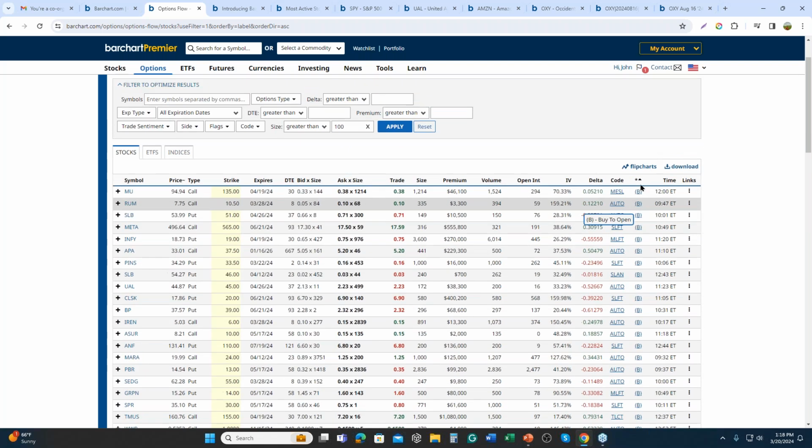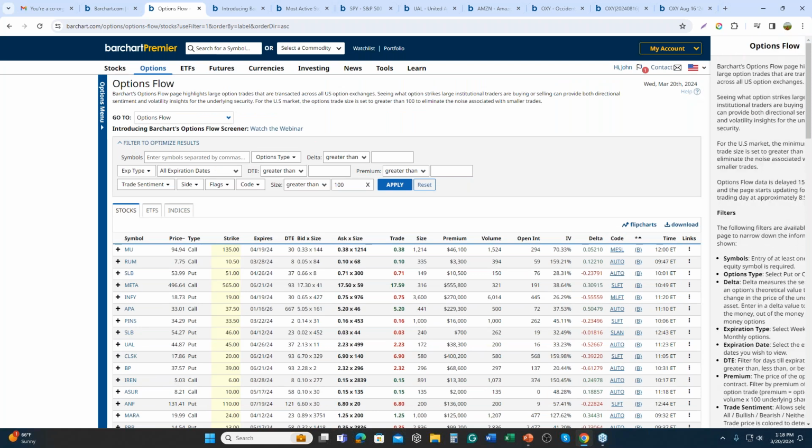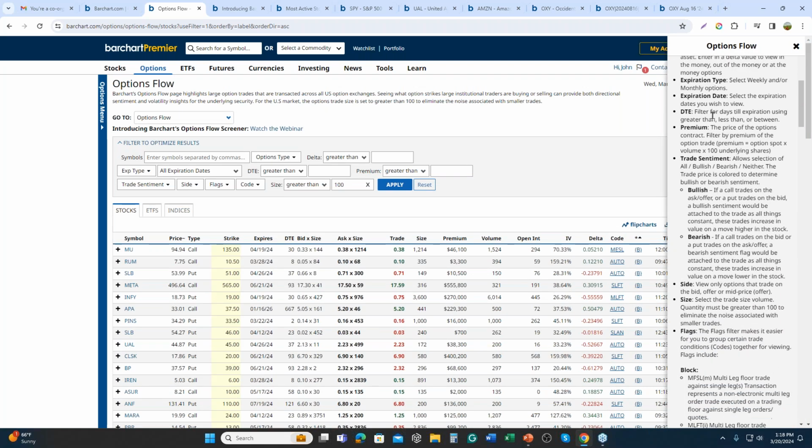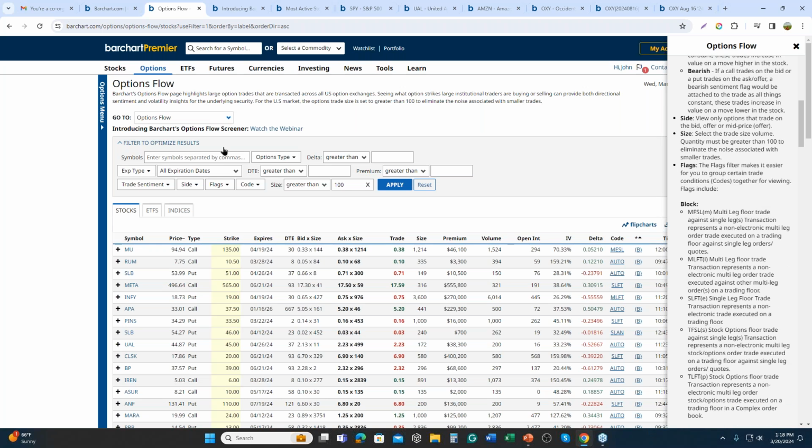Now, up here under the help section, if I scroll this down a little bit, we're going to start talking about these two filters. One is called flags, and flags help us put trades into certain types of group conditions: blocks, sweep, regular, cross, floor, and non-regular trading hours.